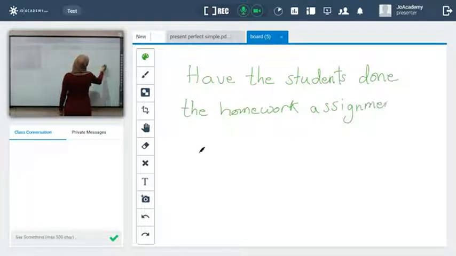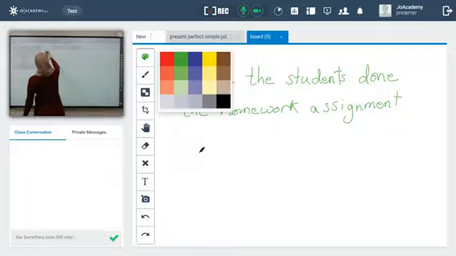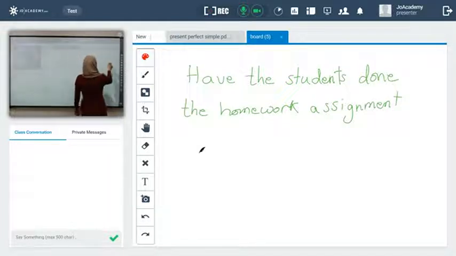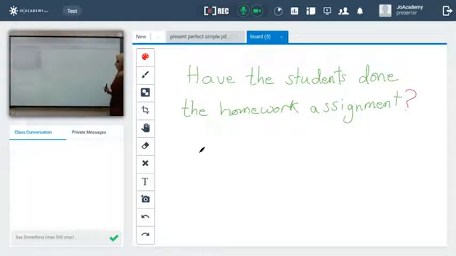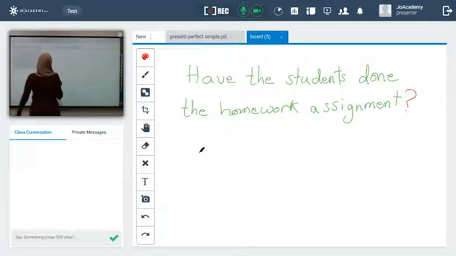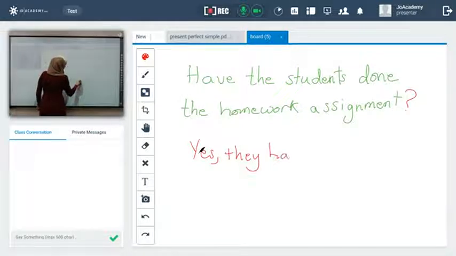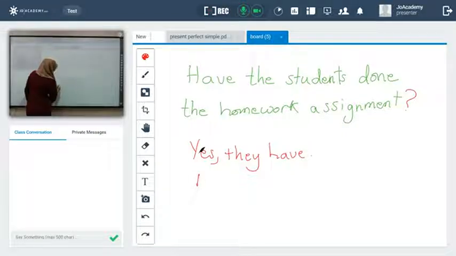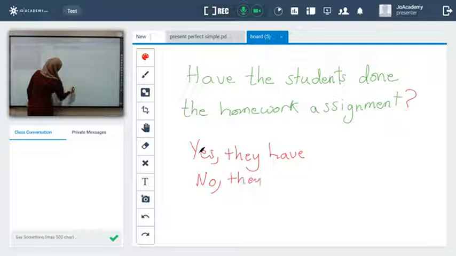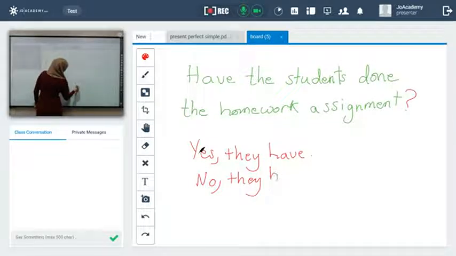In questions, what do we normally write at the end of the question? Very good. We write a question mark. How can we answer this question? Of course, we can say, yes, they have, or no, they have not or haven't.